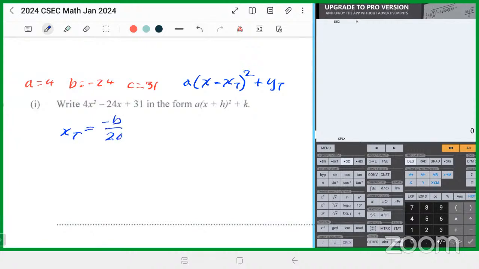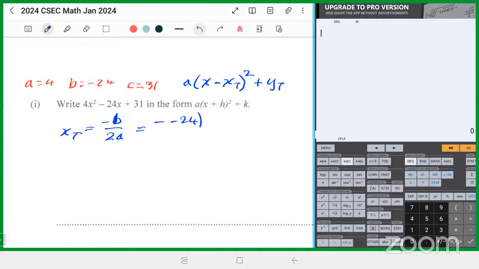And the formula for the xt that's coming here, if we're going to use this method, is minus b over 2a. So note, if you learned it with the plus h, then you would not have the minus. It would just be b over 2a. But this method is slightly different, all right? Basically, you're getting the same result in the end. So it is minus b, and the b is this negative 24. So I'm putting minus and negative 24. So this becomes a positive 24.